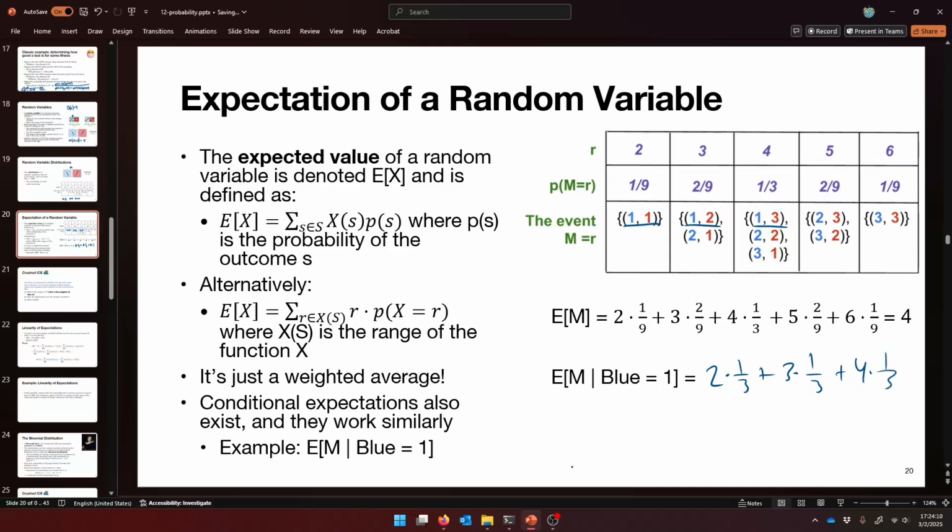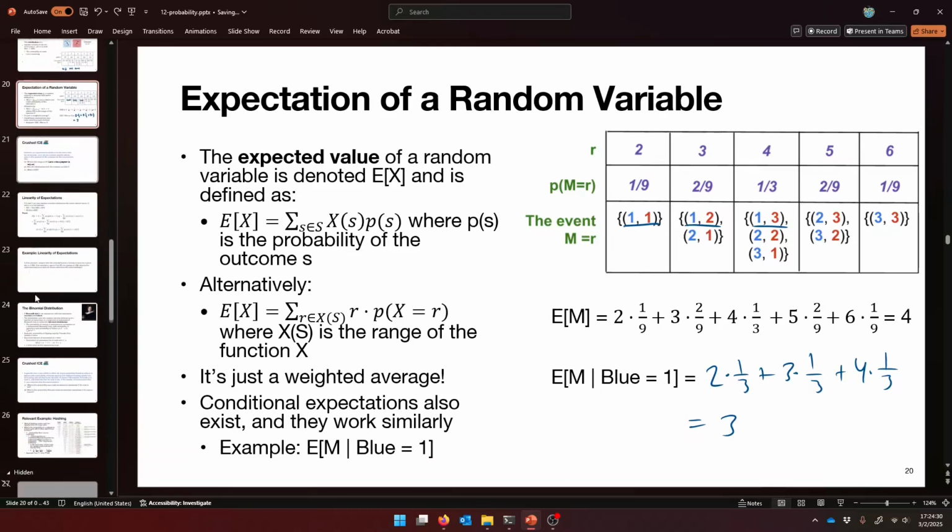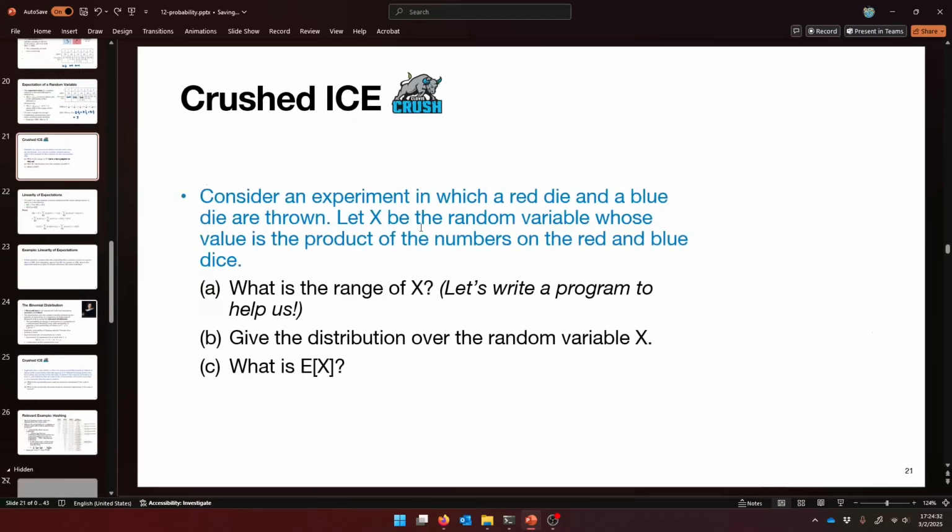So you can see that it's centered, again, around 3. Given that the blue is a 1, you can expect the random variable gives back 3 on average. Because sometimes it's 2, sometimes it's 4, they cancel each other out almost. 3 is in the middle there. I hope that makes sense. That's what you can expect to see from your random variable. And so here's a question for you now.